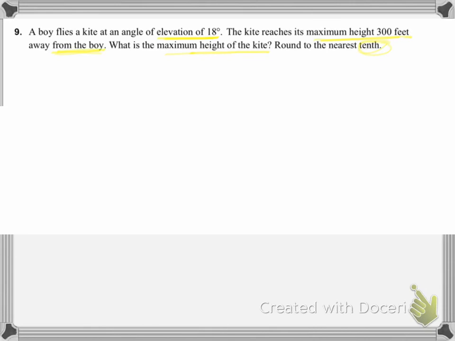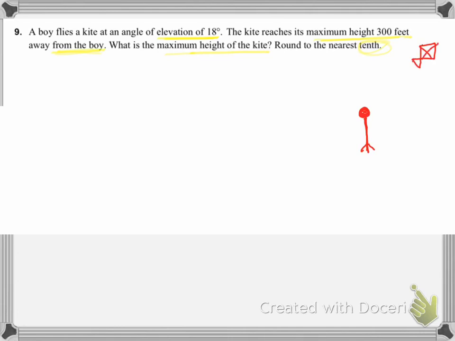So I assume a boy is here. This is the boy, and he's flying the kite. Let's draw the kite here. The kite could be here. This is the kite.